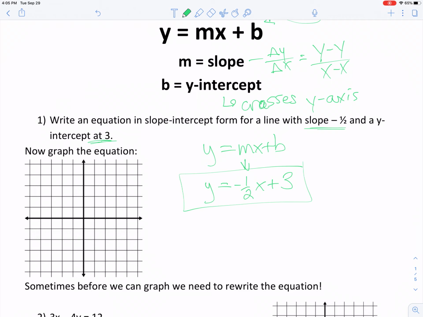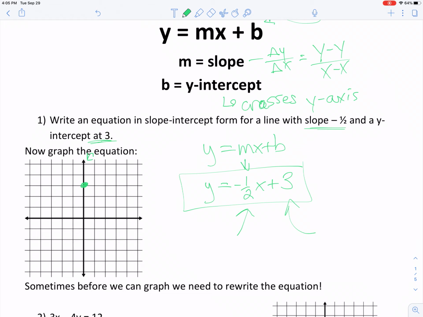So the first thing I'm going to identify is the fact that the vertical axis is the y-axis, and it intercepts it at 3. So 1, 2, 3, put a point right there. Then my slope is negative 1/2. This is the exact same as what we just did, where it's rise over run, and the negative only goes to either the top or the bottom. The only difference between today and what we did in chapter 3 is that we're not always going to start at 0, 0.